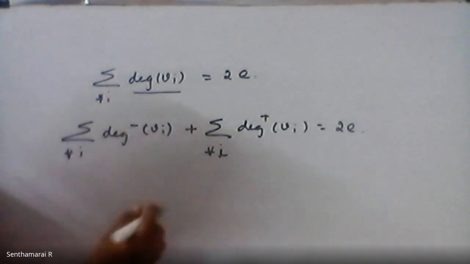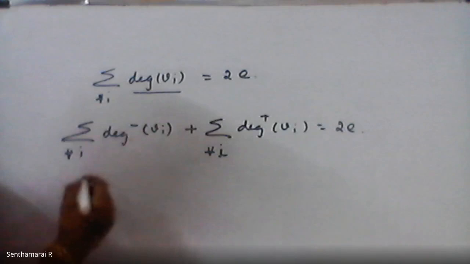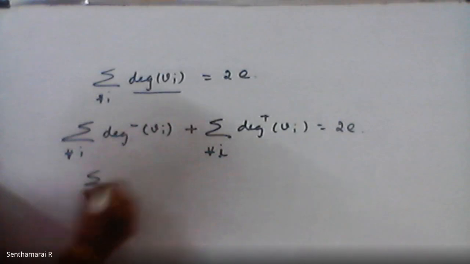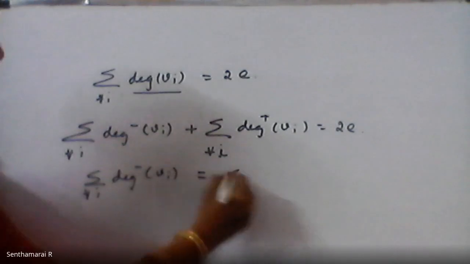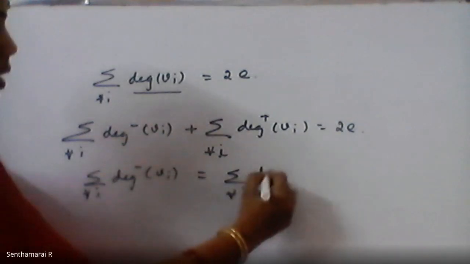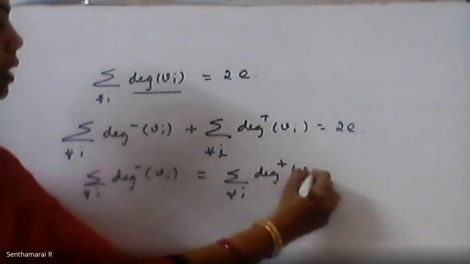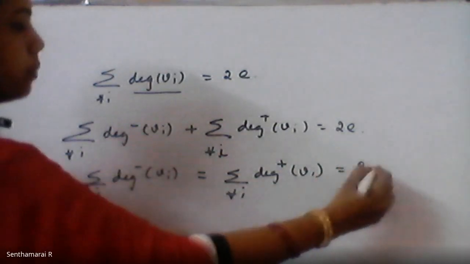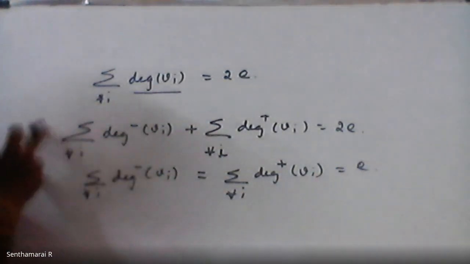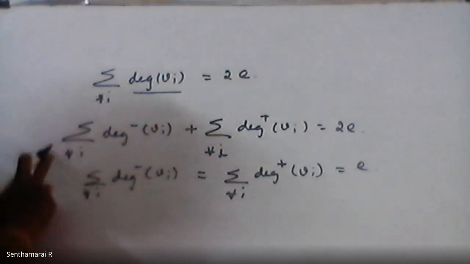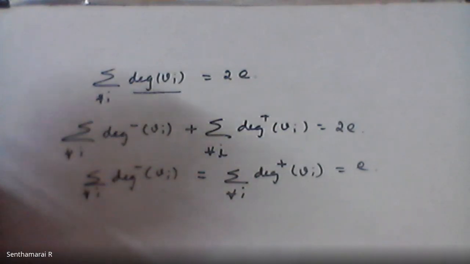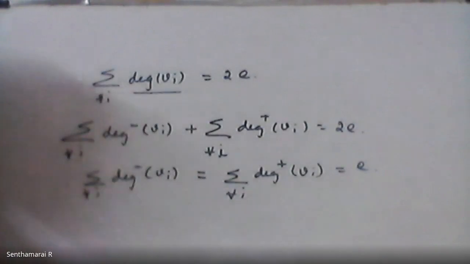Otherwise you can write it like this also: summation over all i of in degree of Vi equals summation over all i of out degree of Vi equals E. You can define the handshaking theorem in two ways for a directed graph. You understood these two concepts?